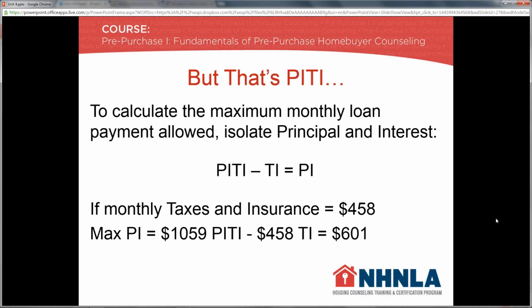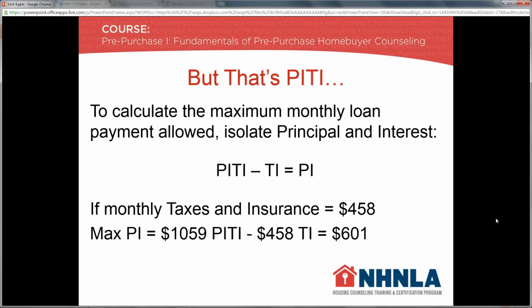So in this example, we're going to say that monthly taxes and insurance for this property are expected to be $458. The maximum principal and interest would equal the $1,059 PITI that we just calculated minus this $458 estimate for taxes and insurance.